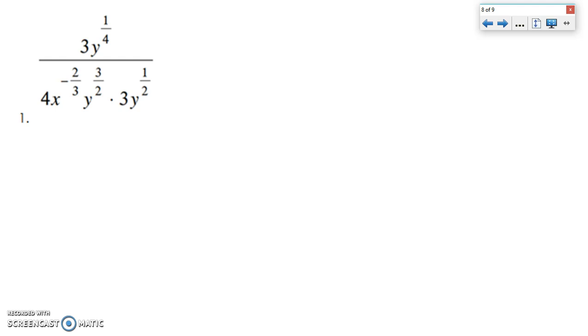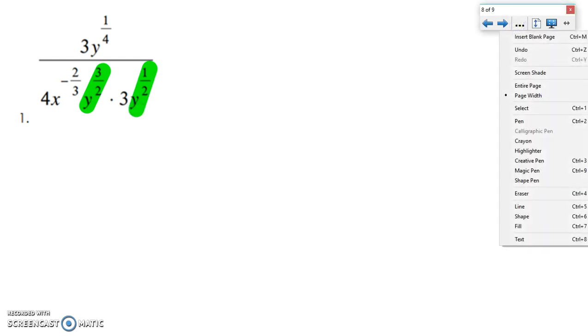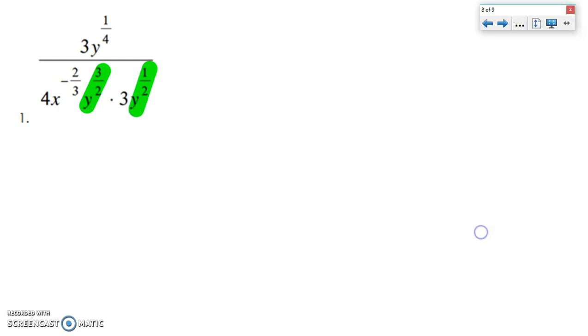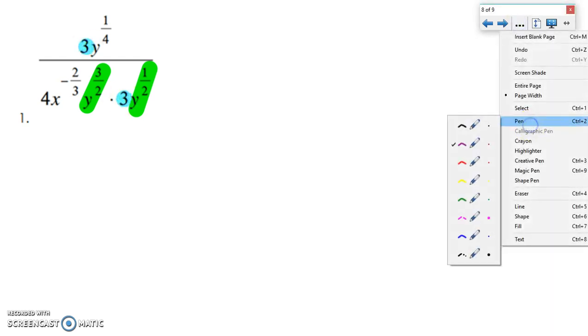Now me personally, I'm going to go ahead and combine these two pieces that are both y's. And I'm also going to notice that I have a 3 in the numerator and the denominator.